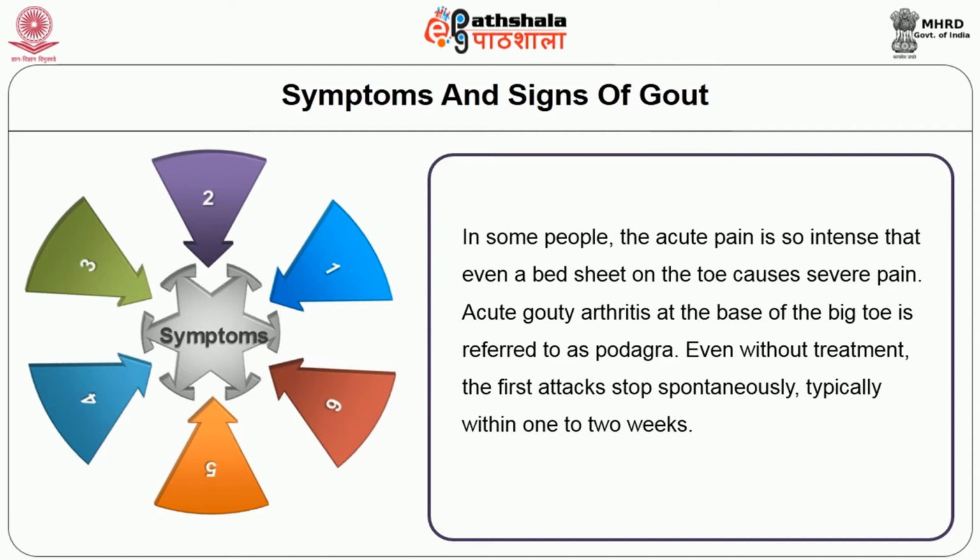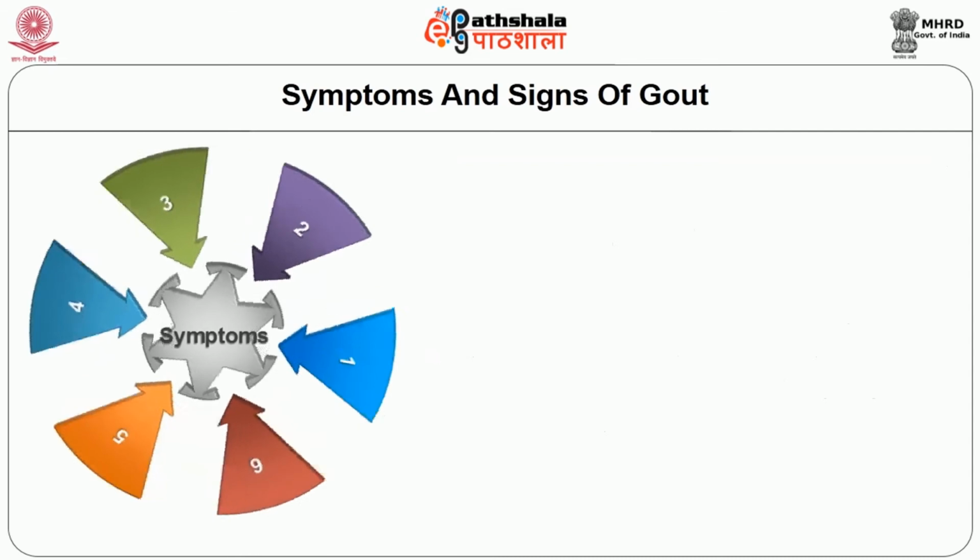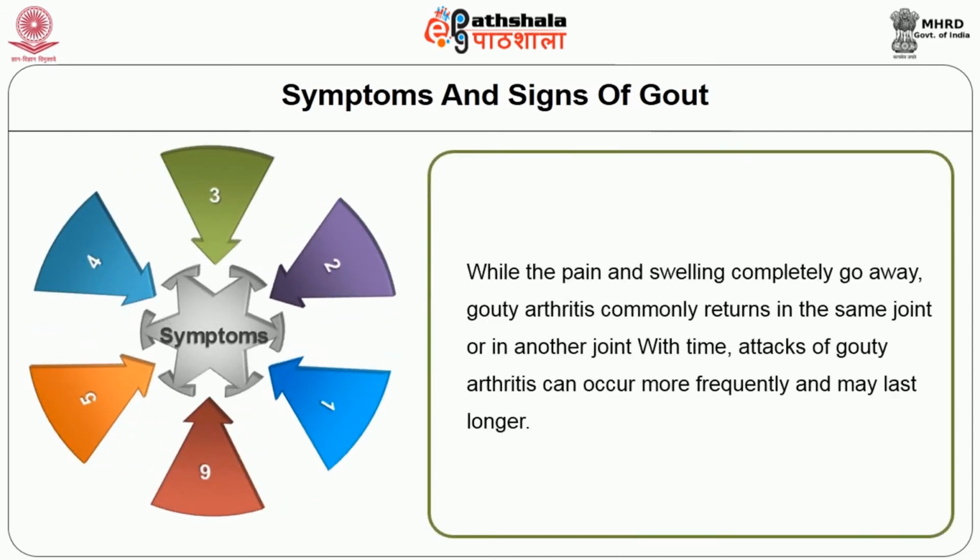While the pain and swelling completely go away, gouty arthritis commonly returns in the same joint or in another joint of the body. With time, attacks of gouty arthritis can occur more frequently and may last longer.